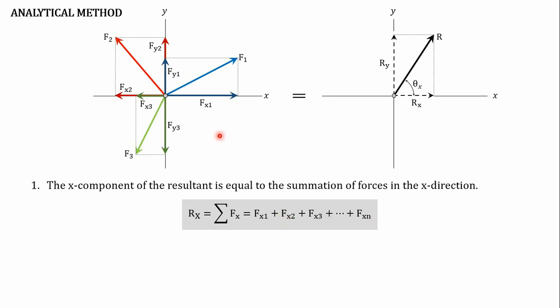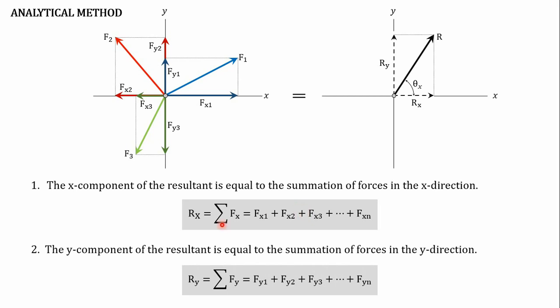Like if we consider F1, Fx1 is going to the right, so therefore Fx1 is positive, if we assume going to the right is positive. If we consider the horizontal component of F2, Fx2 is going to the left, so in this formula, that is plus, but Fx2 will be negative. So, mamaminus siya. Okay, so yun yung formula niya.